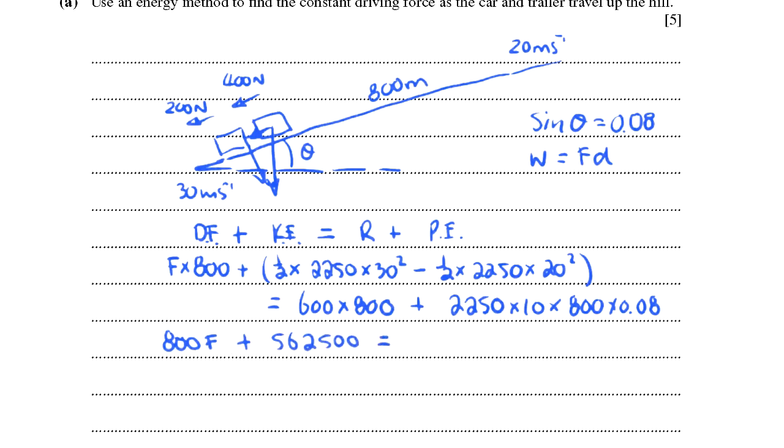And that is going to equal the other side, 600 times 800 plus 2250 times 10 times 800 times 0.08, which is 1,920,000.